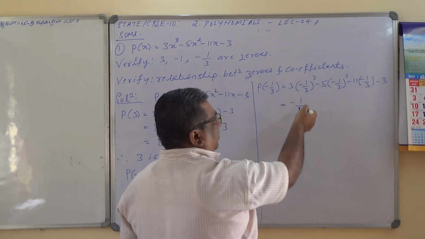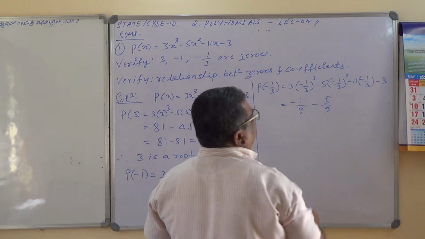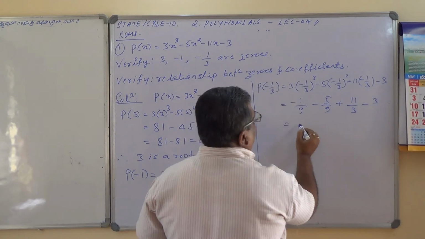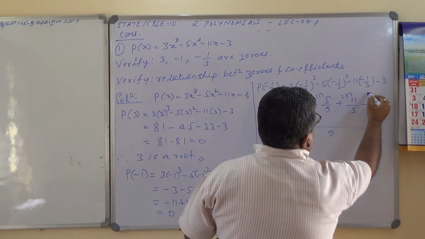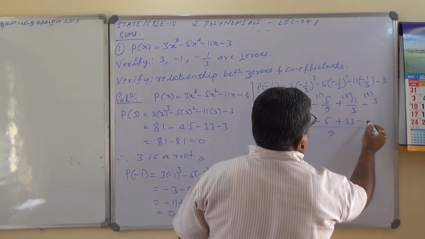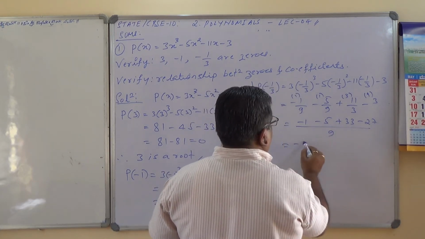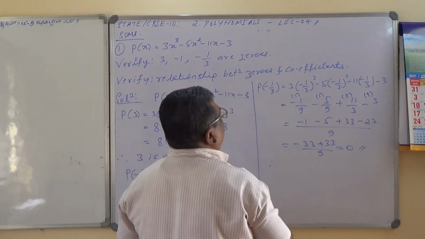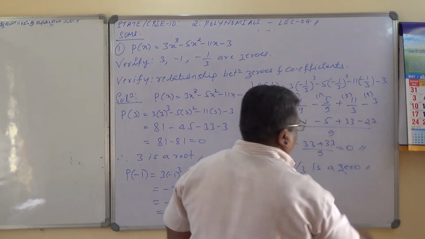I hope you are able to understand. 3 square is 9, and here it is 1 by 9, and plus 11 by 3 minus 3. Taking 9 as the common denominator, minus 1 minus 5 plus 33 minus 27, which is 0 divided by 9, which is 0, and therefore minus 1 by 3 is a zero.